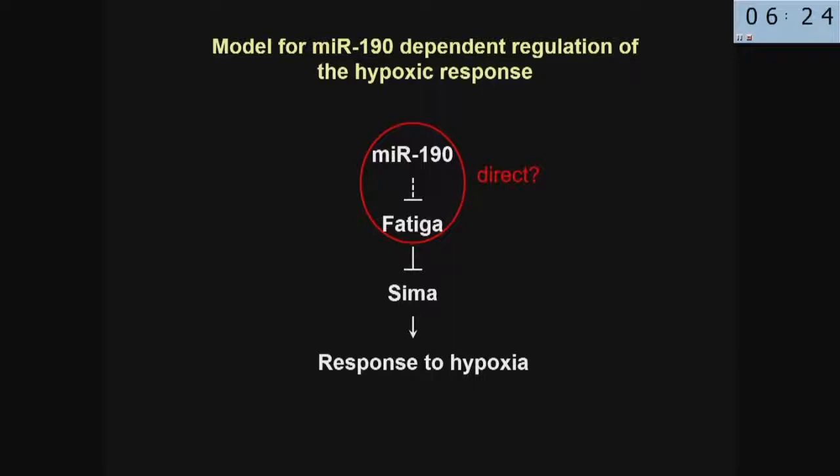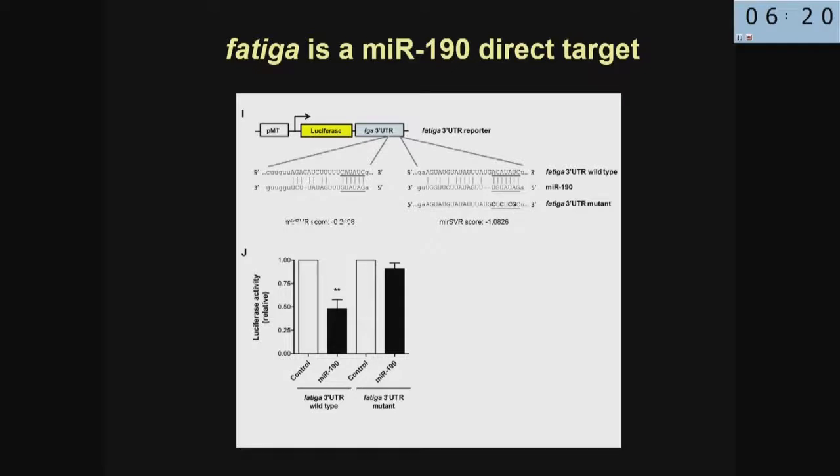So we did this experiment in cell culture. We fused the luciferase open reading frame to the fatiga 3' UTR, and we did that in two versions, the wild type sequence or a mutated version of the fatiga 3' UTR.